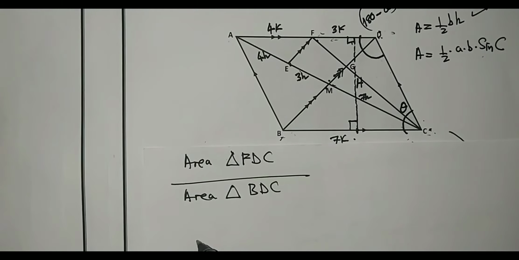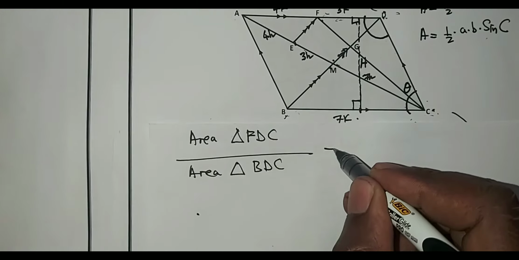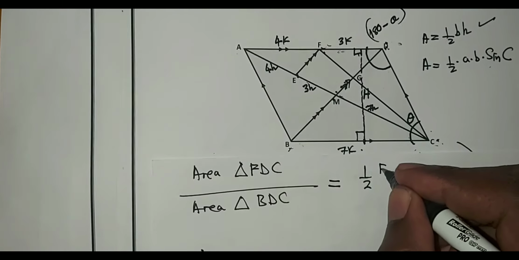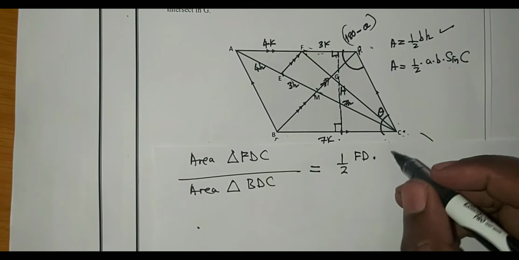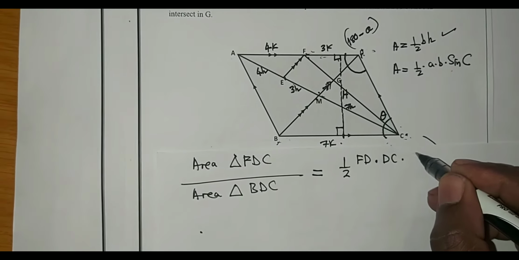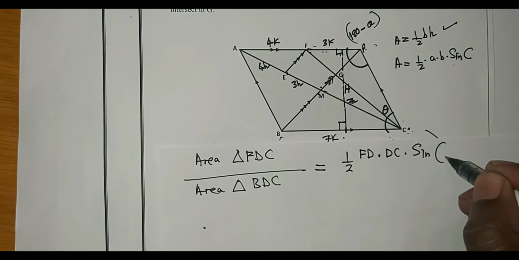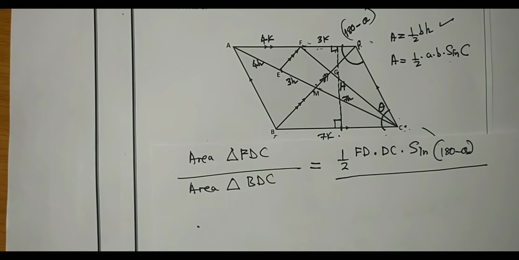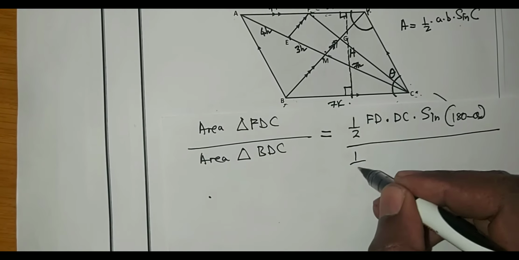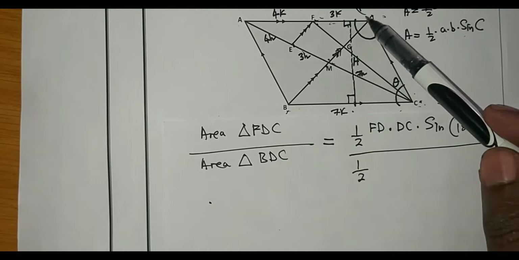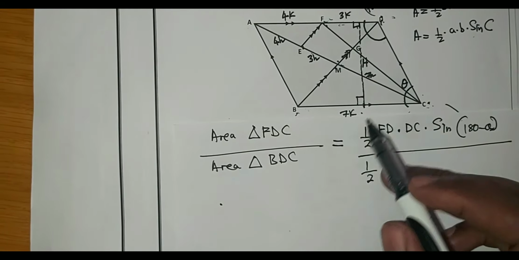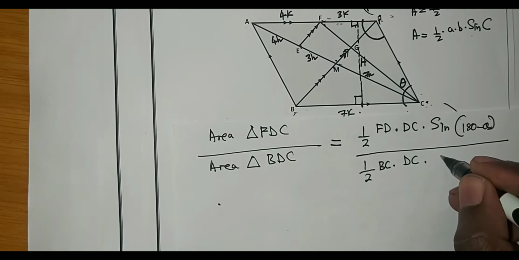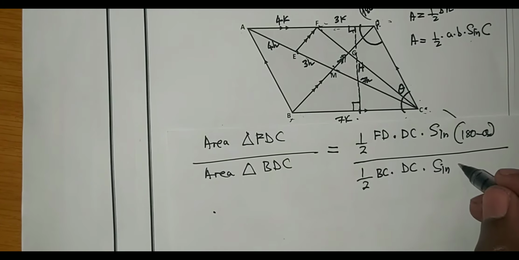Therefore, as we do our work, it becomes half of FD multiplied by DC multiplied by sine of the included angle, which will be sine of 180 minus theta, all over, in this case, half of triangle BDC, which will be half of BC multiplied by DC multiplied by sine of angle theta.